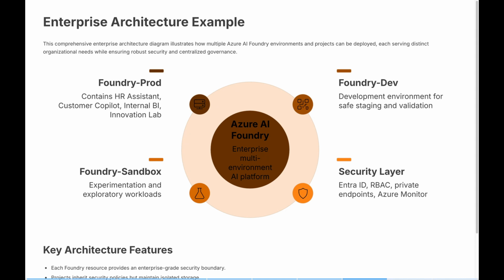Role-based access controls exactly who sees what, and all network traffic stays on Azure's private backbone. Compliance teams can audit everything, but developers maintain agility within their project boundaries. This architecture balances two critical needs: centralized governance at the resource level and team independence at the project level. You get enterprise security without sacrificing developer velocity.